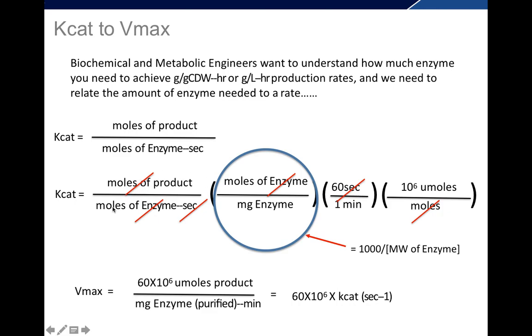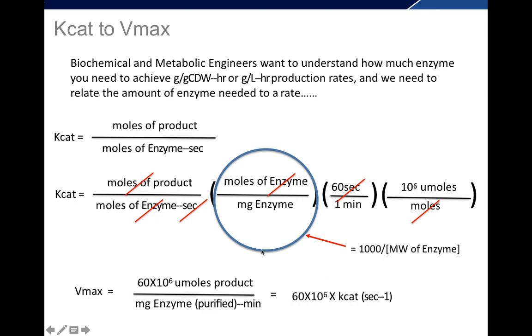So the moles of product per the mole of enzyme per time, then we need the mole of enzyme per milligram of enzyme, right? And then we can do second time conversions. This happens to be 1,000 divided by the molecular weight of enzyme, or inverse of that, 1,000 divided by molecular weight of enzyme. And so the Vmax is 60 times 10 to the 6 micromoles of product per milligram of enzyme that's purified per minute, right?